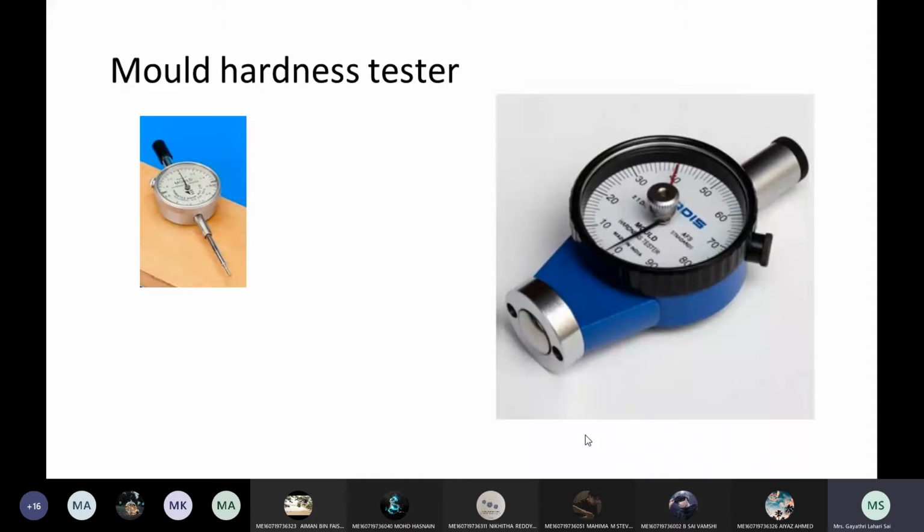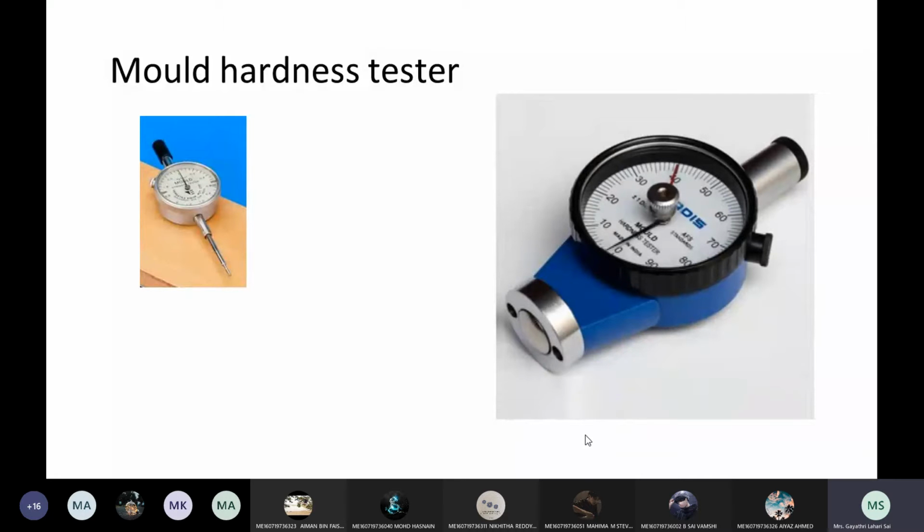For testing this hardness, you have a mold hardness tester on the screen. There will be a spring-loaded steel ball of mass 0.9 kg, indented onto the standard specimen, right? The depth of indentation will be directly given in the scale from 0 to 100.